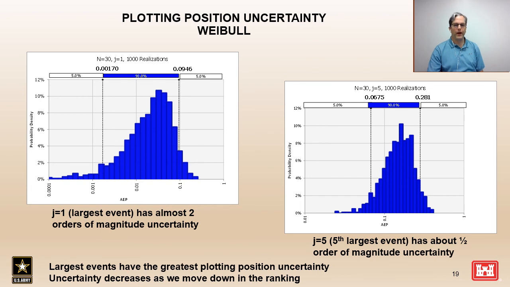So in the figure on the right, we see the uncertainty in AEP for the 5th largest event, over 1,000 realizations, where the 90% confidence interval spans about 1/2 order of magnitude. So keep in mind that the largest events will have the greatest uncertainty in plotting position, and that uncertainty will decrease as you move down through the ranking of the events.